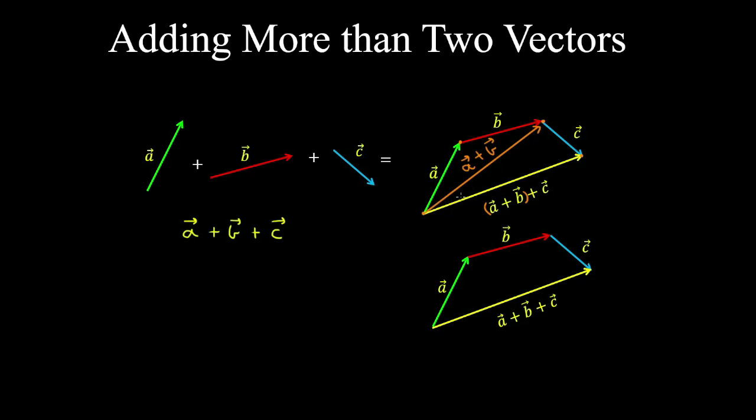So as we can see, our resultant vector is drawn from the initial point of A plus B to the terminal point of C.